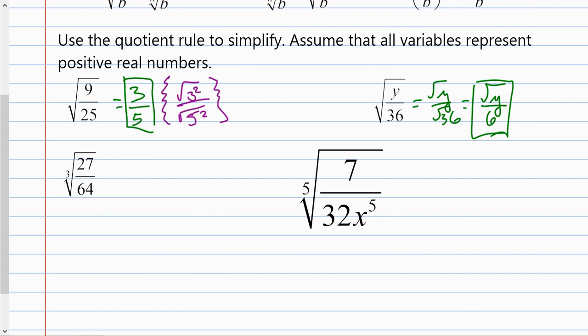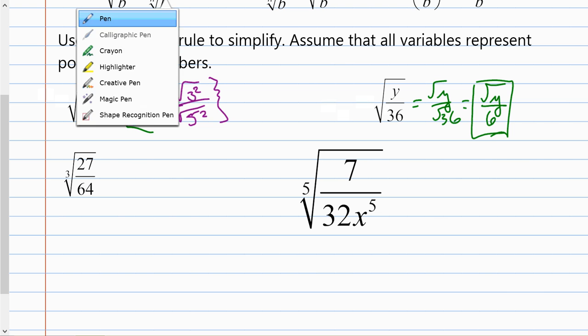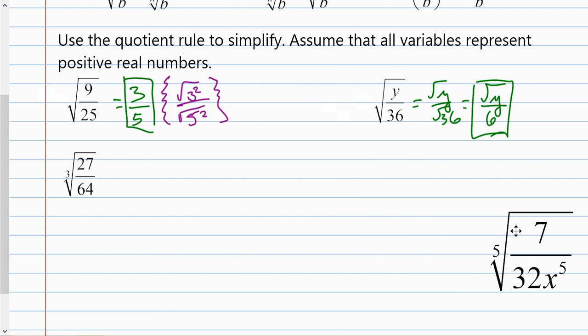For cube roots, instead of looking for squares, so pairs of things, we're actually going to look for cubes of things. So you may recall, perhaps, that 27 is 3 cubed, and 64, we just did this, was 4 cubed, and I'm taking the cube root of both of these.